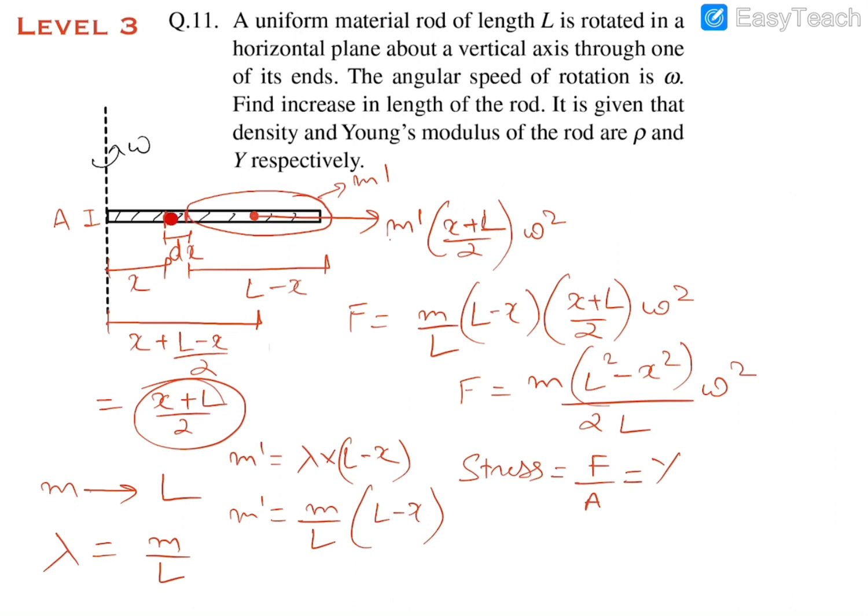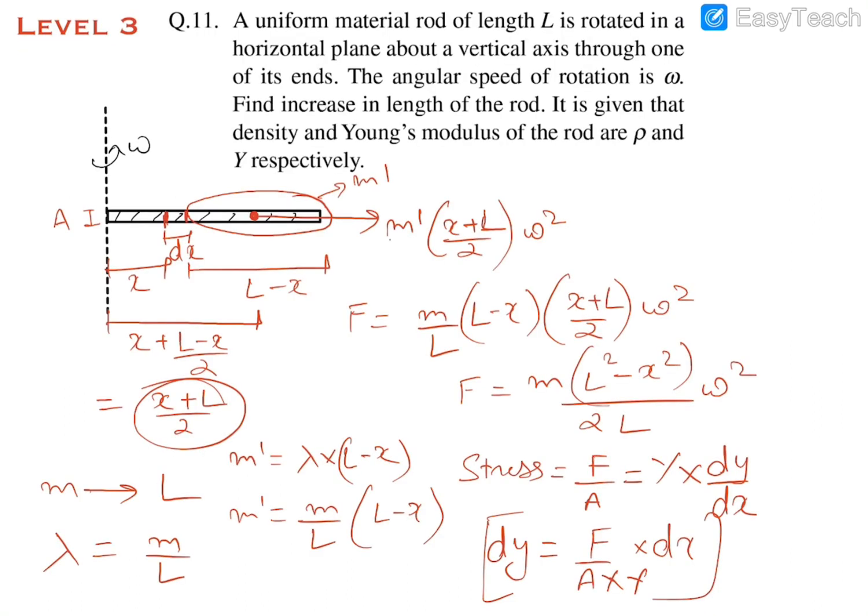So the extension is dy and its original length is dx. So strain developed will be dy by dx, and dy, the extension in this part only, will be equal to F upon area into gamma into dx.